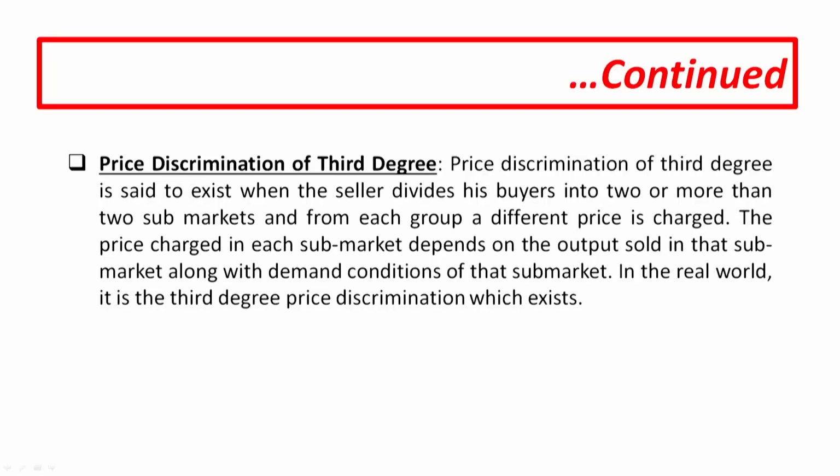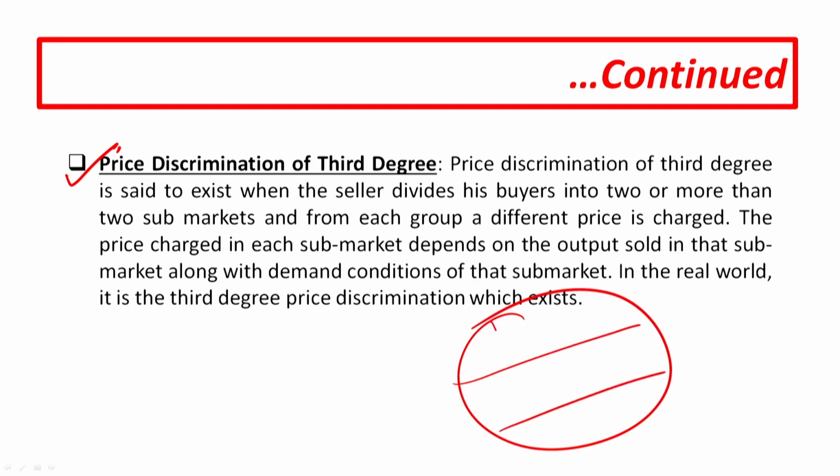Price discrimination of the third degree. This is the most common type of price discrimination. In this, the monopolist will divide the entire market into various sub-markets, and in various sub-markets the elasticity of demand differs.